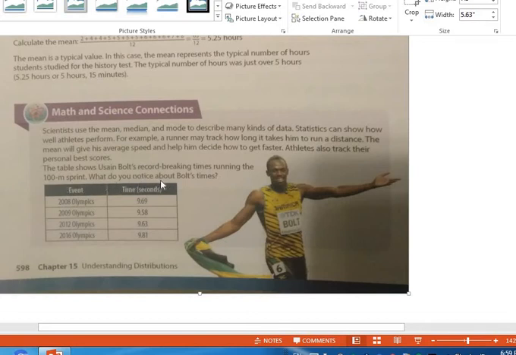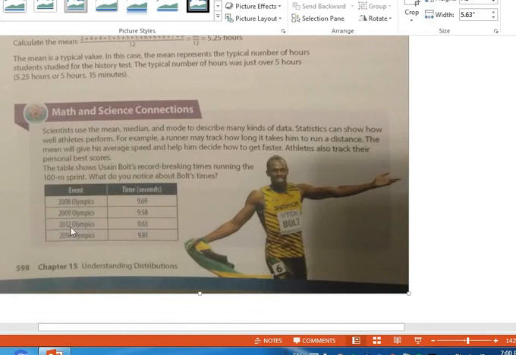What do you notice about Bolt's times here? What do you think? Okay, here in the 2008 Olympics, 9.69, in 2009, 9.58, and here the time is in seconds.